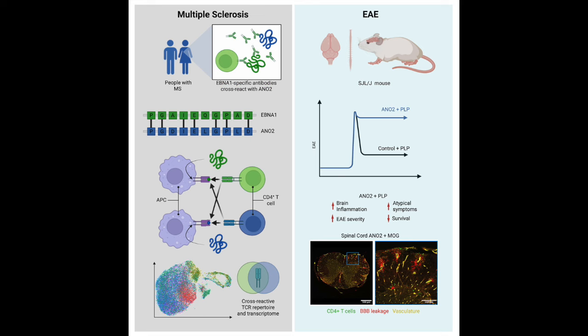So what you can see on the left is that they're looking at two proteins. You can see the word EBNA1, and under that you can see ANO2. EBNA1 is a protein that comes from the virus. And ANO2 stands for anoctamin 2. That's a protein that's found in the brain and central nervous system. What this is showing between the green and the blue is that parts of these proteins are quite similar.